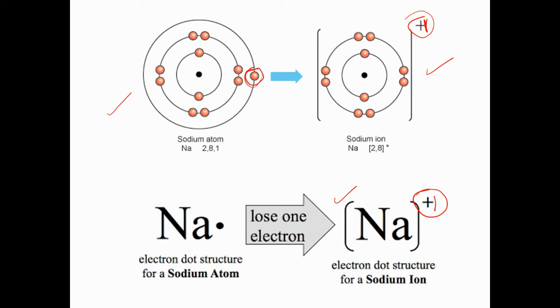So as a symbol, if we want to write this down, this is Na, the neutral Na, and for the symbol of the sodium ion, I would put Na plus. If it was 2 plus, I'd put Mg2 plus, for example. So that's how you would write down the symbol of the neutral versus the ion.